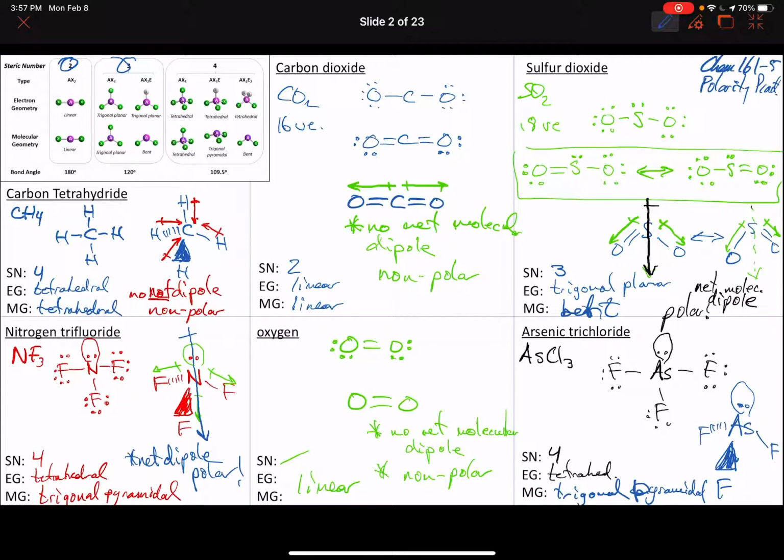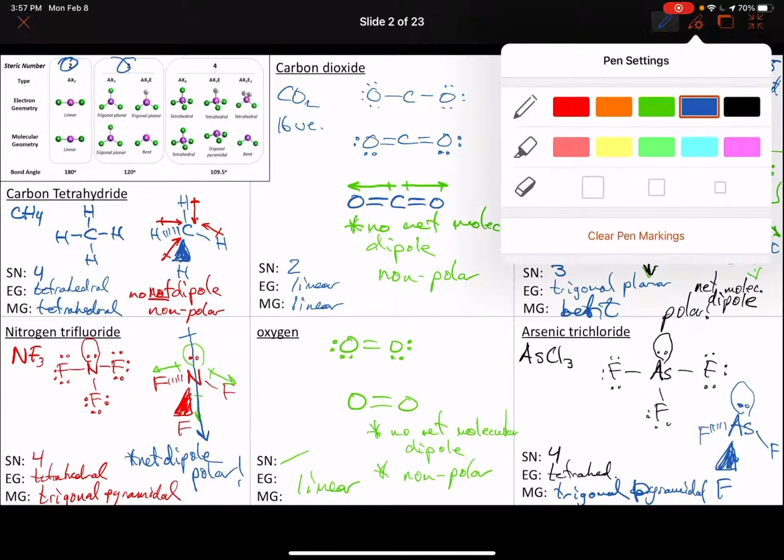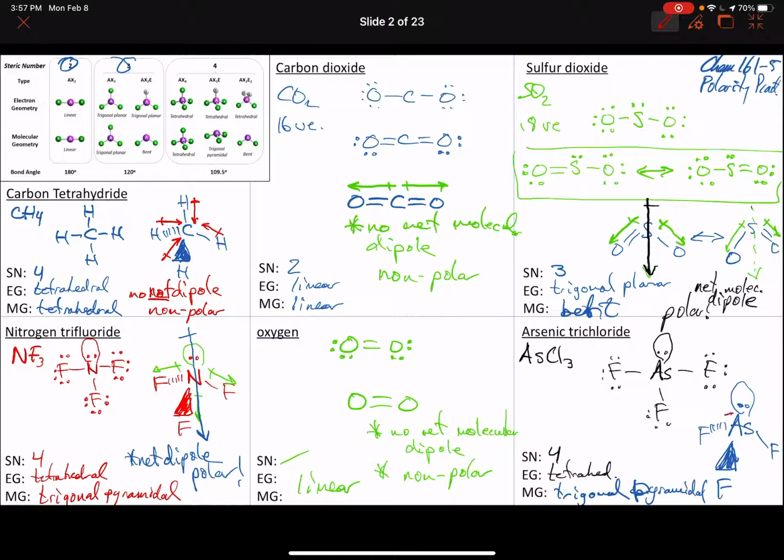And we can consider the dipoles now, with fluorine being the more electronegative element. We can expect those to be driving towards the fluorine. In each case, that should outweigh the contribution of a single lone pair atop, and we can draw the net result here of a molecular dipole going all the way through the molecule, crossing through the 3-point base of this pyramid. And so yes, there's a net dipole, of course. I've just drawn it. So this is a polar molecule as well.